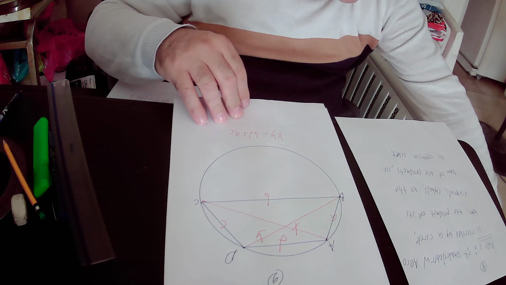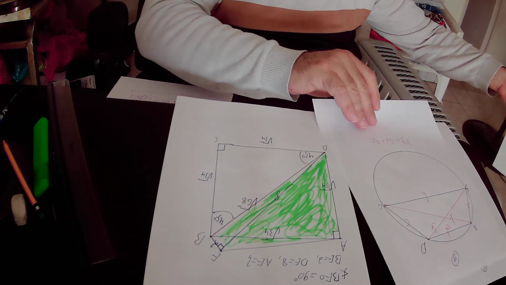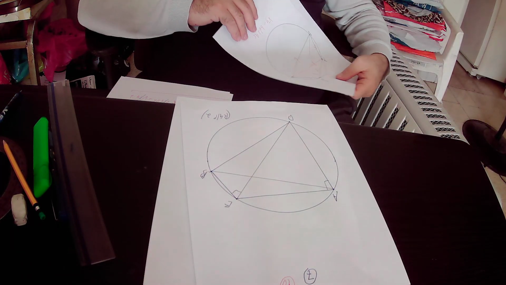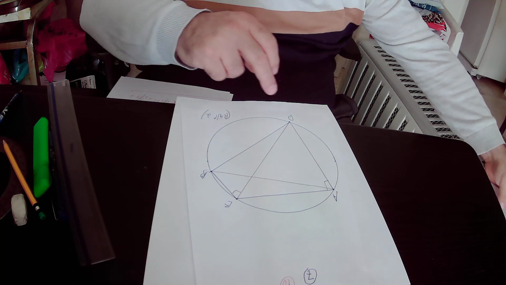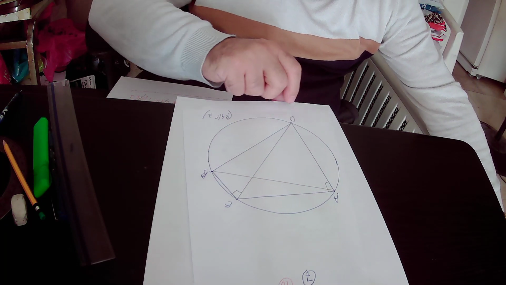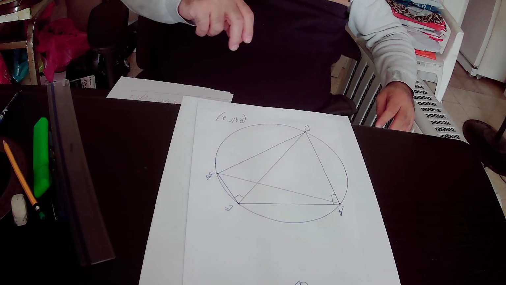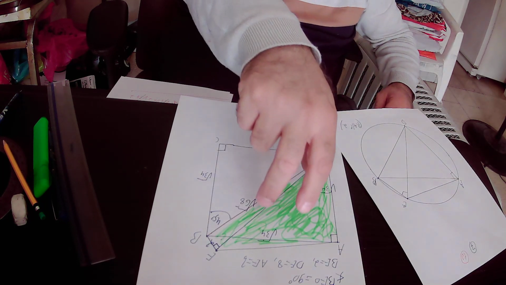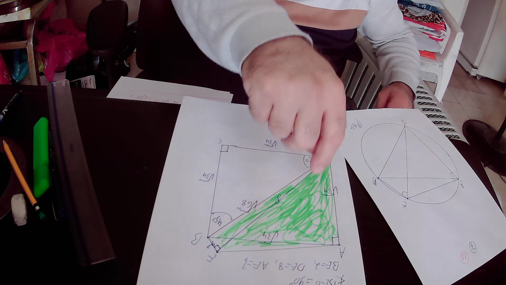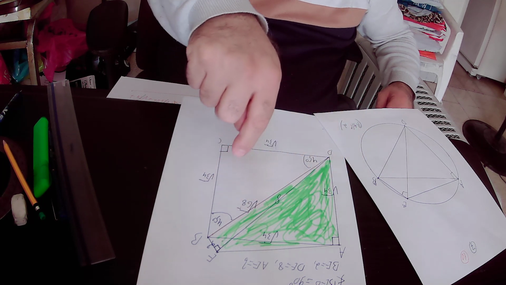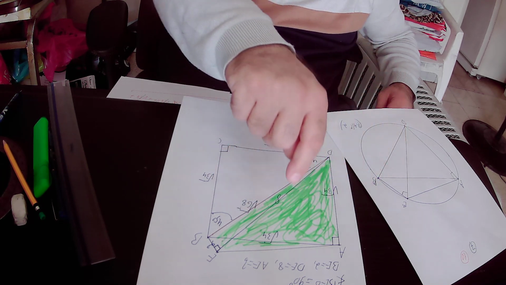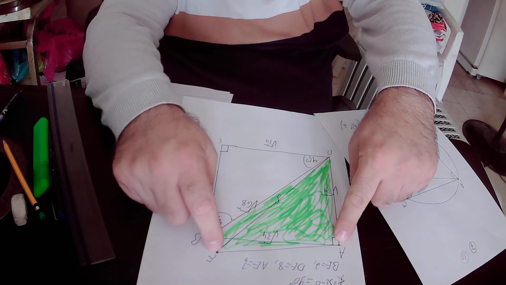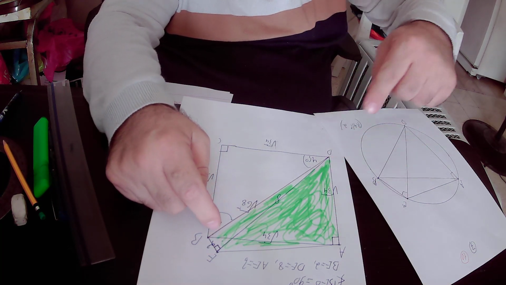Why? Because in our drawing we have quadrilateral AEBD that is inscribed by this blue circle. And the reason that this quadrilateral in the green color is inscribed by a blue circle is because we have two right angles that subtend on the same segment line.